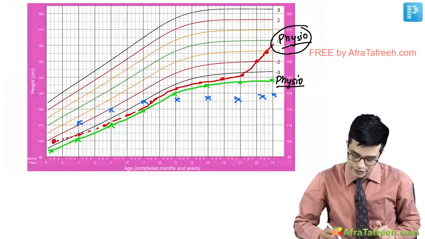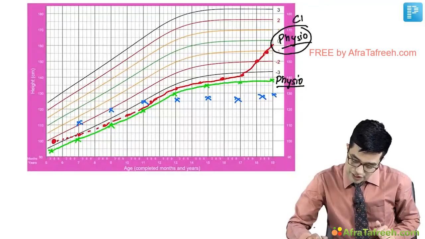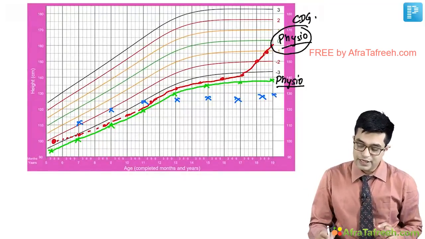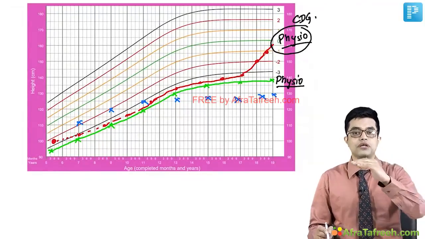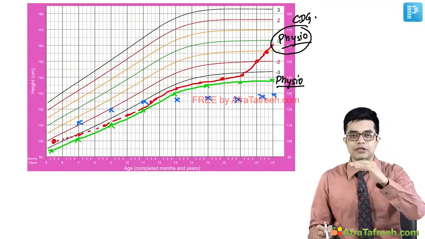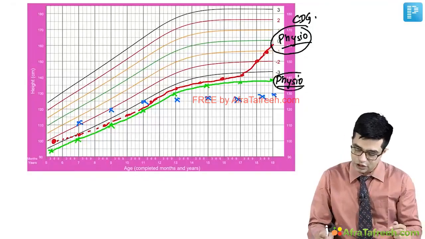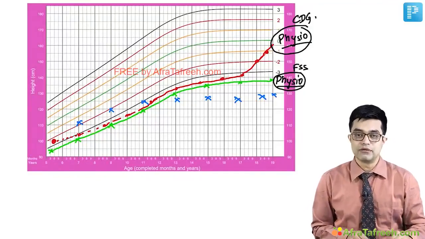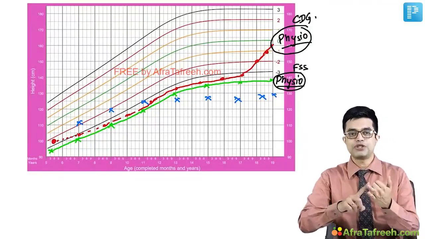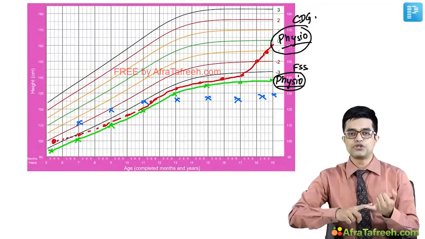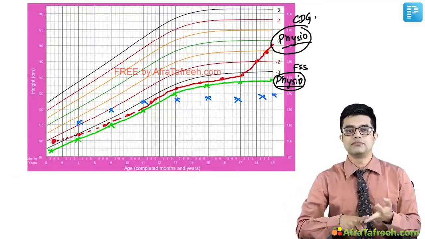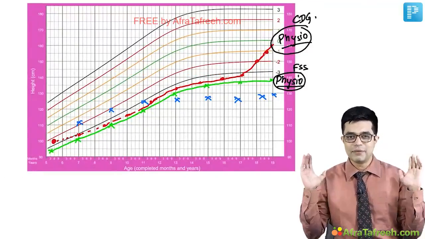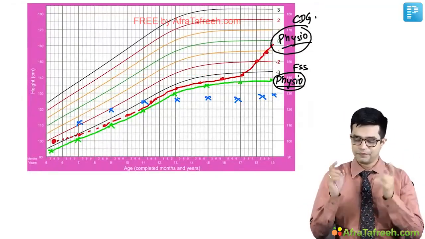So this will be your constitutional delay in growth, whereas familial short stature will be all throughout short in the childhood, at birth, and even at adulthood. So this is your familial short stature. We always say familial short stature children: mummy short, papa short, baby short. Born short, remain short, die short. That is familial short stature, right? All in the family, but all of them short.